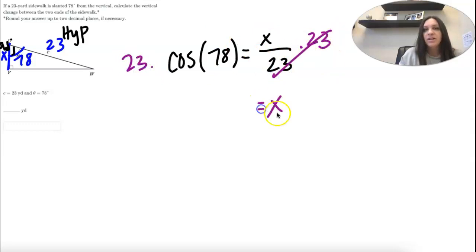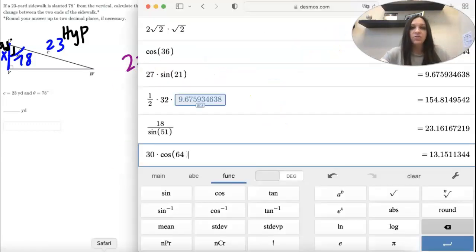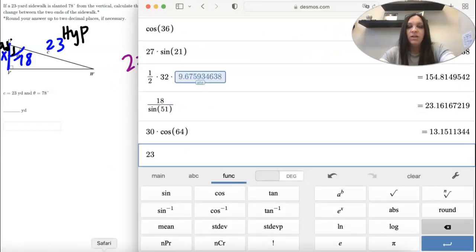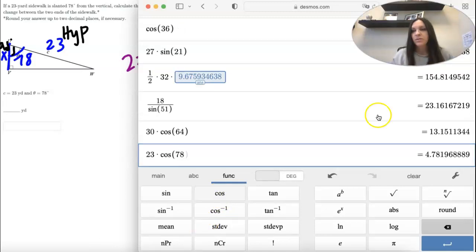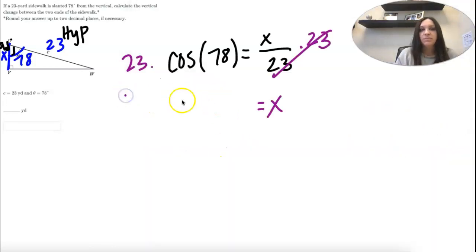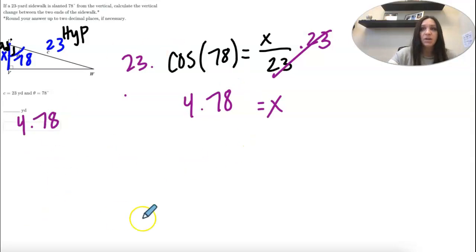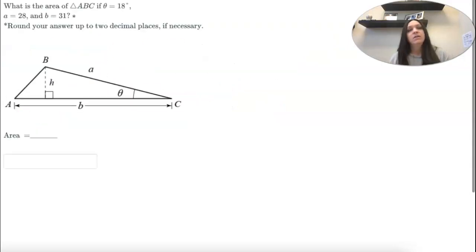X is by itself, so we just calculate straight across. 23 times cosine of 78. 4.78. So look for questions that are the same like that, because we don't need to redo it all again. We already know we're using cosine.